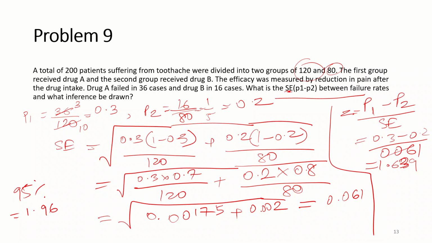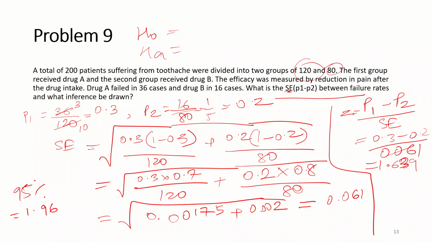So first, what will be the null and alternative hypothesis? We haven't defined them actually. So the null hypothesis will be that drug A is not failing.